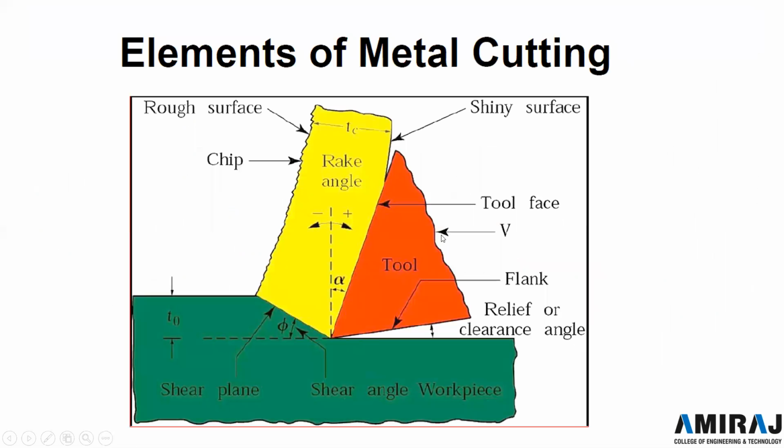Next, we will be discussing the cutting force acting on the tool. Before that, we have to discuss what the elements in metal cutting are. Here you can see in the single point cutting tool, this is the tool which is cutting and removing the material.